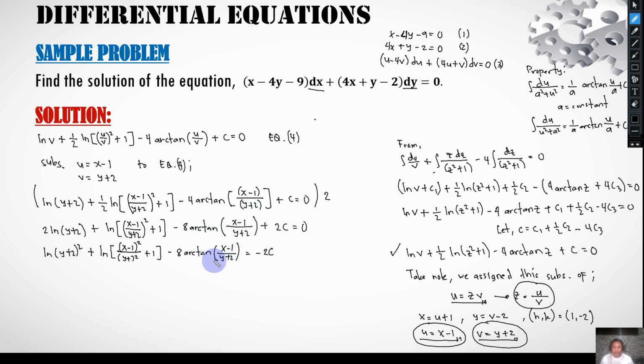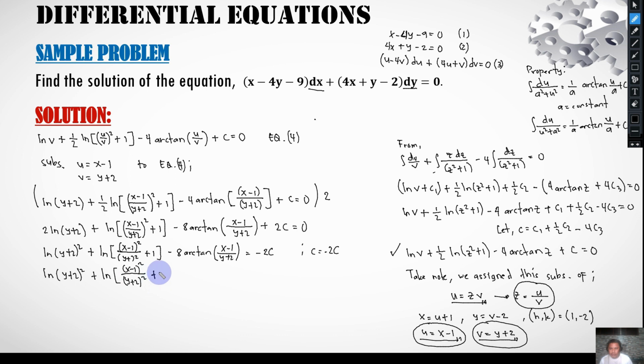So after this one, we let c is equal now to negative 2c. Okay. So this would be then equal now to ln of your y plus 2 squared plus ln of your, so we have now this x minus 1 squared over this y plus 2 squared, no?